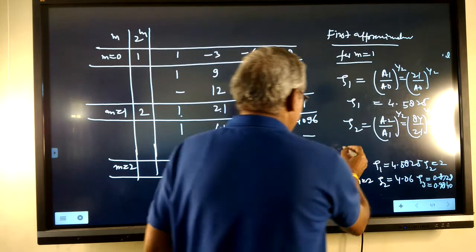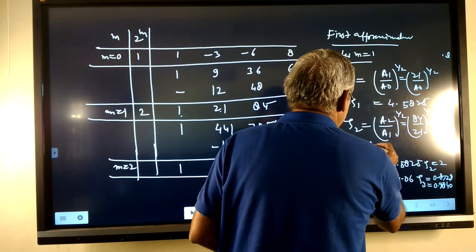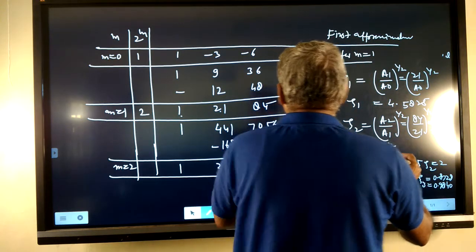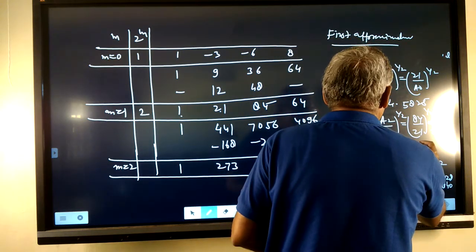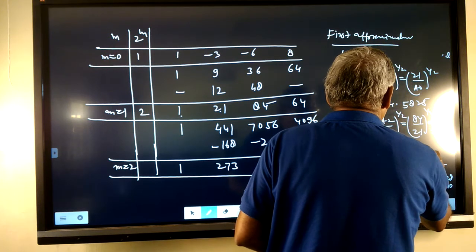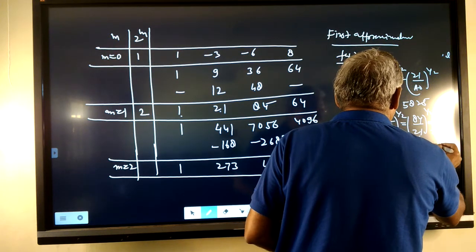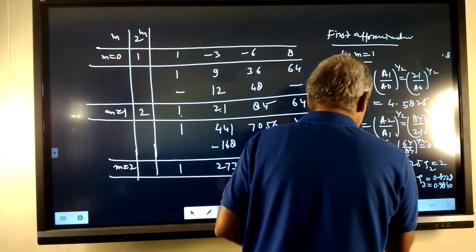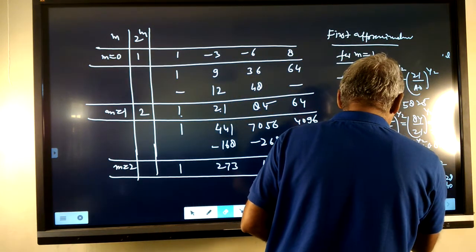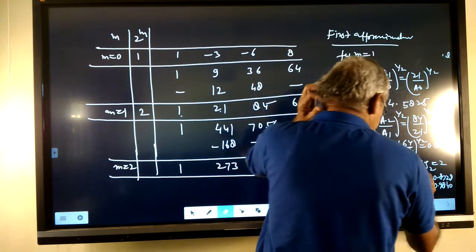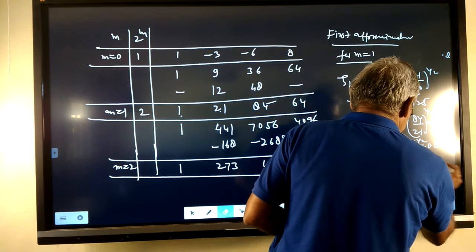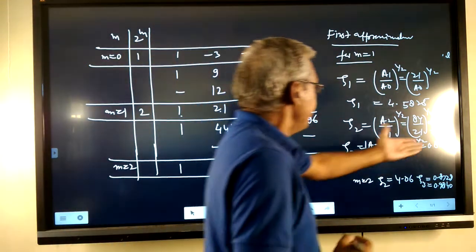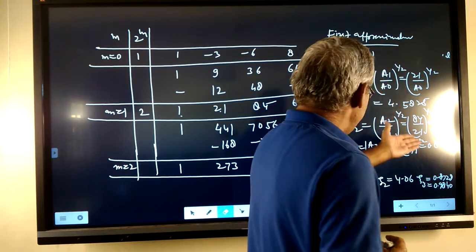And xi3 is A3 upon A2 to the power 1 by 2, which is 64 upon 84 to the power half, which is 0.8728. This is the first approximation.